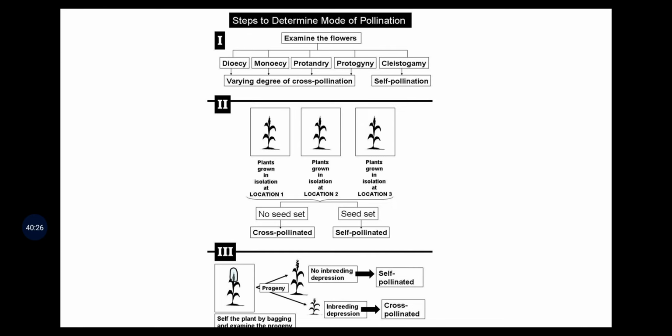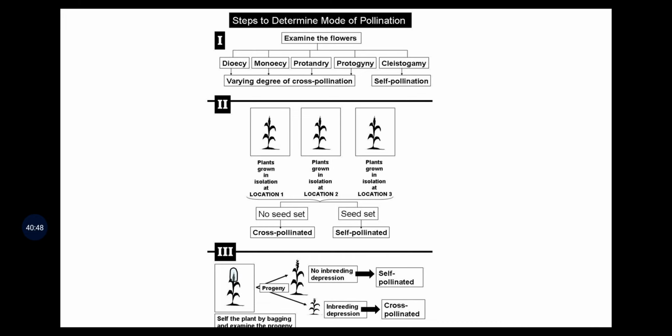So here I have added some additional information. There are different steps in determining the mode of pollination, like examining the flower for dioecious. Dioecious means the condition where male and female reproductive parts are situated on different plants, not on the same plant. Monoecious means on the same plant.